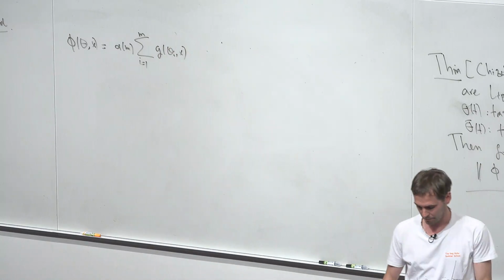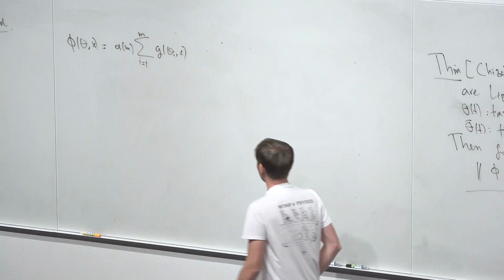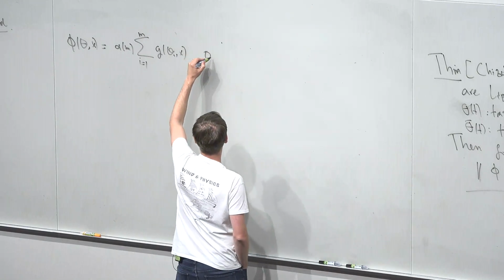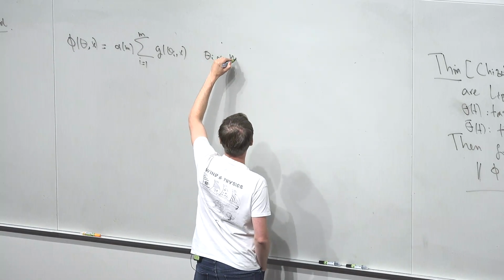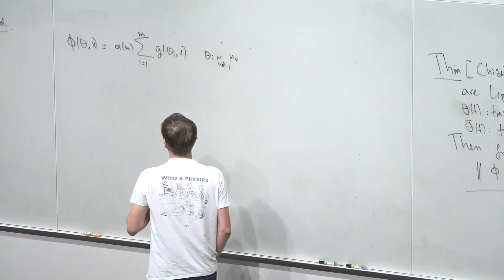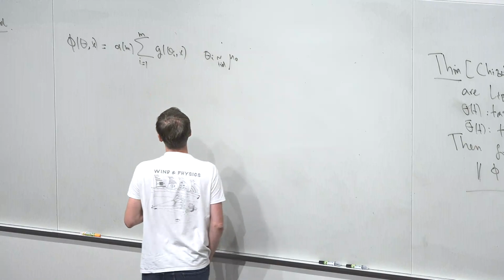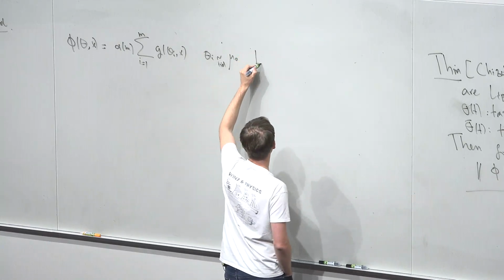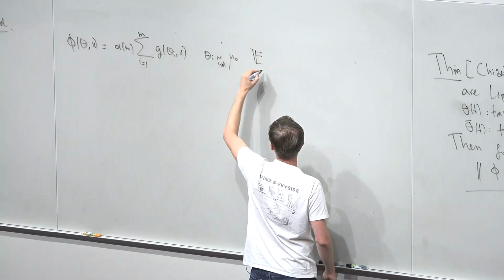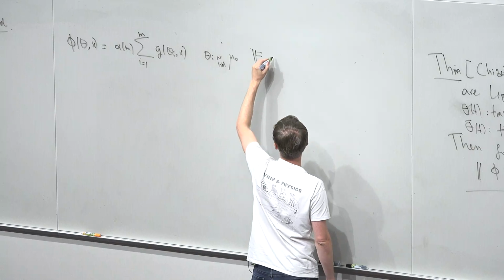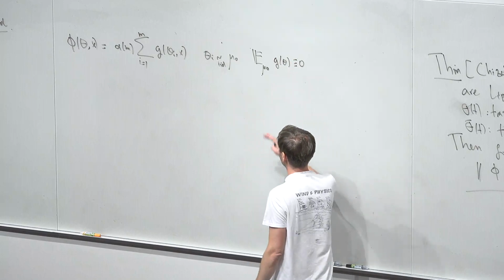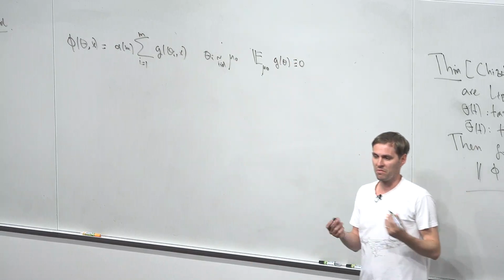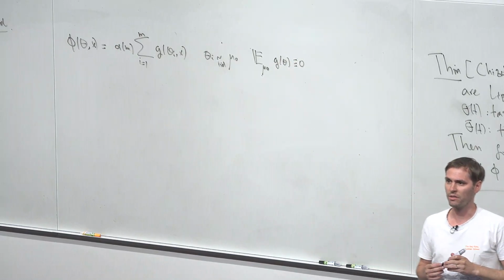So let's compute this function, and what I'm saying here is that I'm initializing these theta i's iid from some measure theta 0, and I'm choosing these functions, these neurons, such that the expectation under theta 0 of g of theta is 0. So in other words, at initialization, the expected value of this function is 0 everywhere.